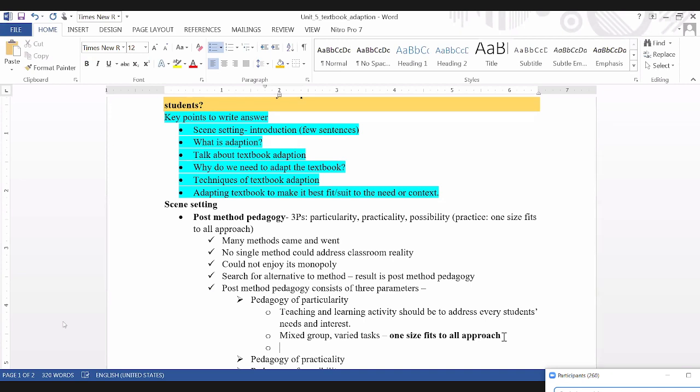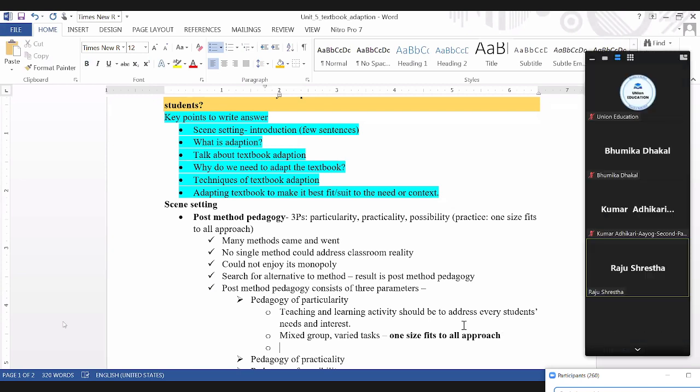So to this kind of diverse group, the teacher should design varied tasks, tasks of different levels. यसरी चाहिँ बनाउनु पर्छ. Not a one size fits all approach. एउटा एक्टिभिटी सबैलाई फिट हुन्छ भन्ने हिसाबबाट जाने होइन.